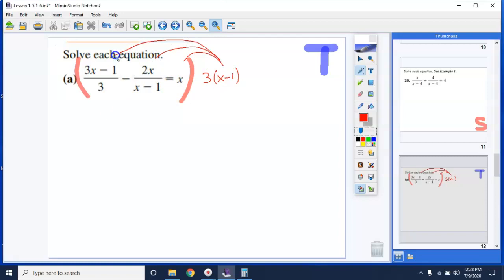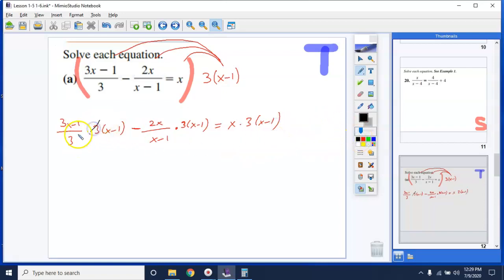So let's see what we got. 3x minus 1 over 3 times 3x minus 1 minus 2x over x minus 1 times 3x minus 1 equals x times 3x minus 1.